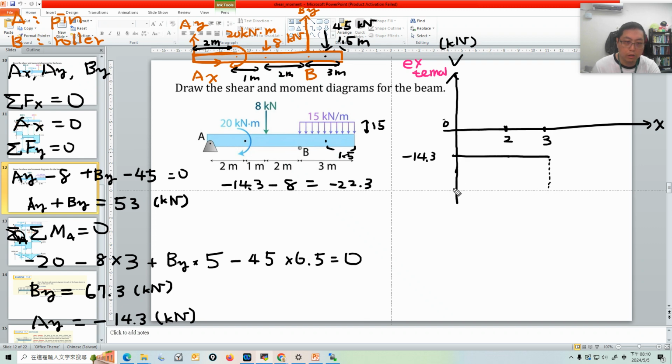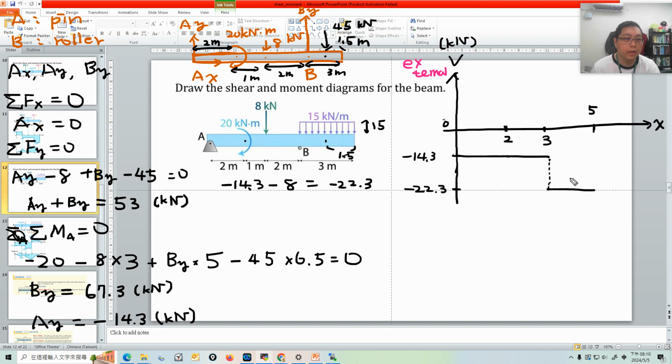Maybe I draw here it's minus 22.3. Then between 3 and 5 there is no external force, so it will keep the same value here.